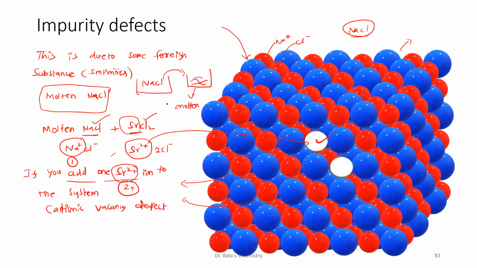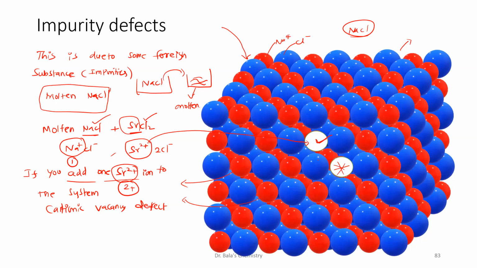We are calling it a cationic vacancy because Na plus is leaving, right, sir? Yes, because the cation is not there. Here one cation should be there, but because of the Sr2 plus impurity, 2 Na plus come out.